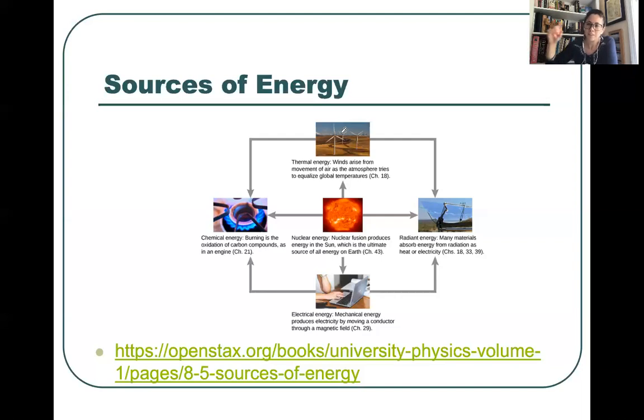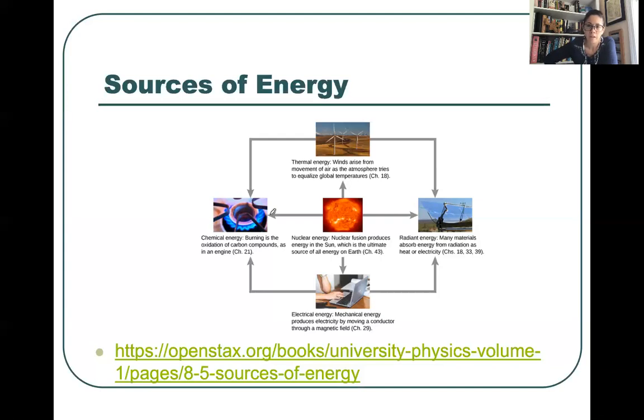And you can see that then you can take the wind energy, convert that to mechanical energy, and convert that into electricity. And over here you have chemical energy, and here we look at something that is burning, and this is once again something that we're going to be talking a little bit more about, but really you can see that this is something more that you would study in chemistry.